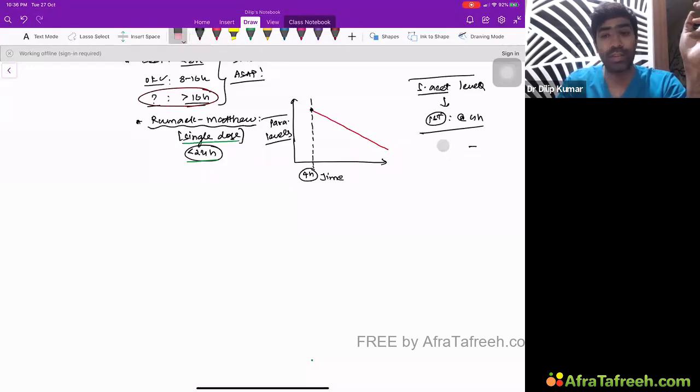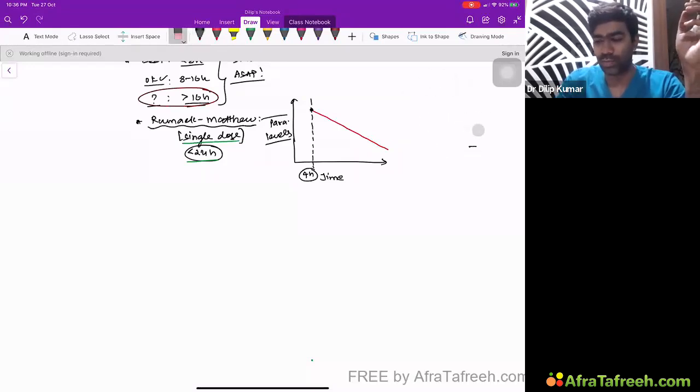But if the patient is coming within 2 hours of paracetamol intake, then there is no point in doing serum paracetamol levels. You better load with N-acetylcysteine in that scenario, but don't wait for the paracetamol levels. You wait for another 2 hours to take paracetamol levels in this situation. Clear? So the first paracetamol level in the blood should be sampled at around 4 hours. That is the take home point of this Rumack-Matthew nomogram.